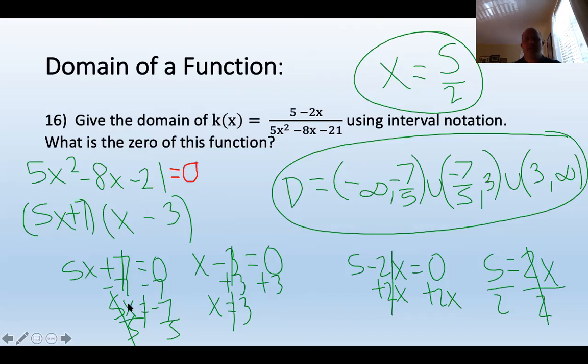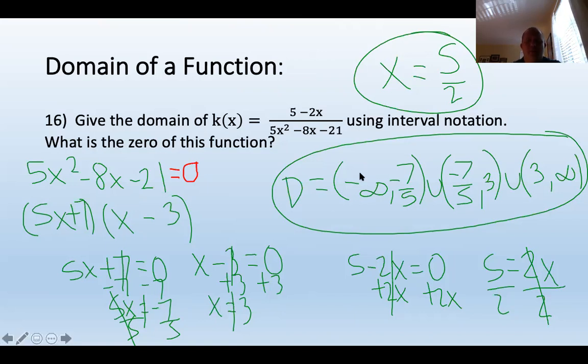Then to cancel the 5 out that's in front of the x, we would divide by 5 on each side, and we would have x cannot equal -7/5. And then you'd have x minus 3 equals 0. You would add 3 to each side, which would give you that x cannot be 3. So our domain cannot include -7/5 and cannot include 3.